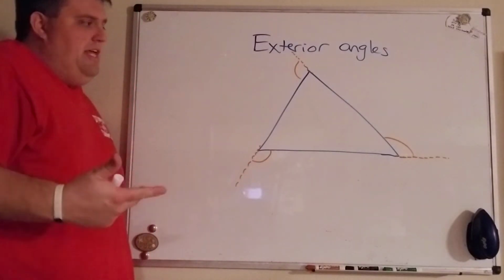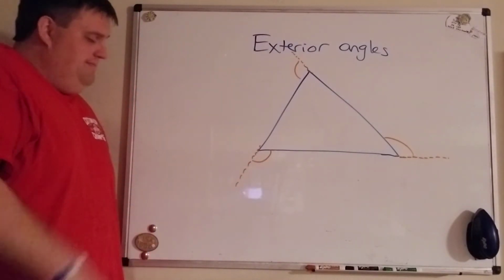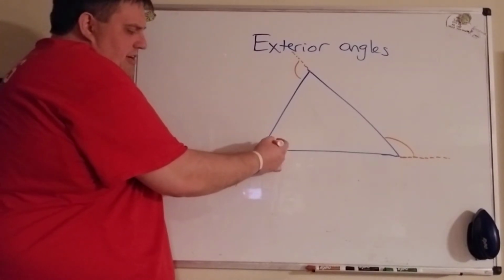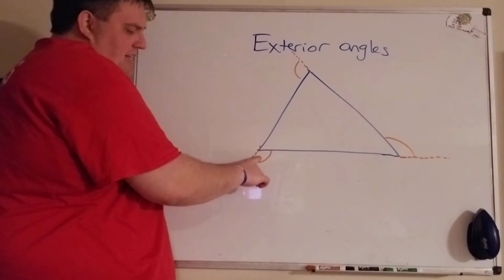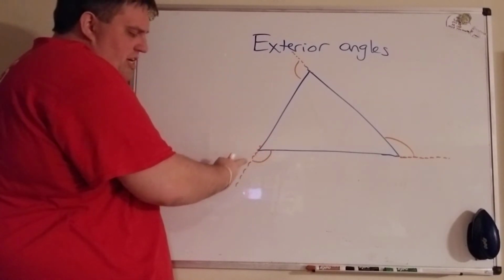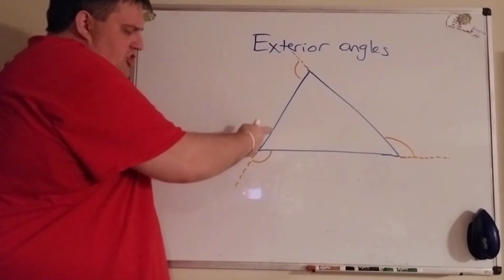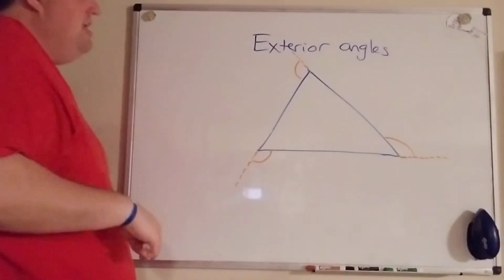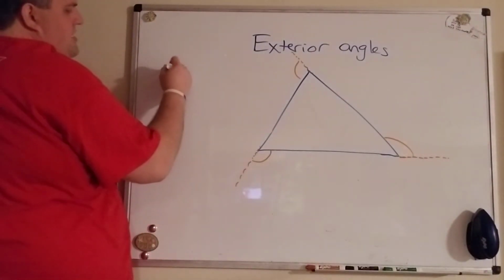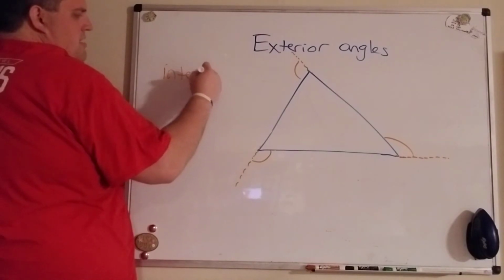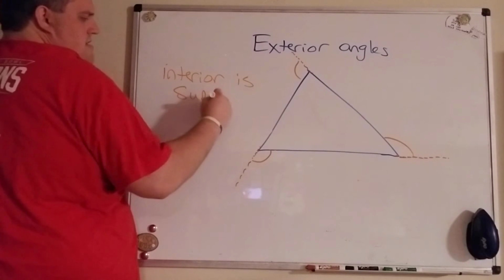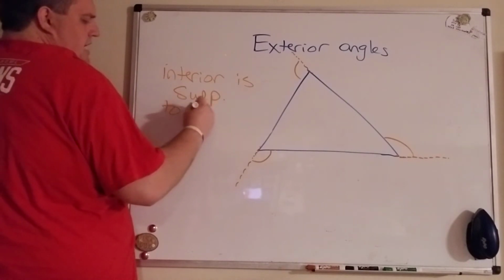So there's some interesting things that hopefully you guys can see here. For example, we see that this interior and this exterior come together to make a straight line. So we should have already learned about that. We know that those are going to be supplementary. So interior is always supplementary to exterior.